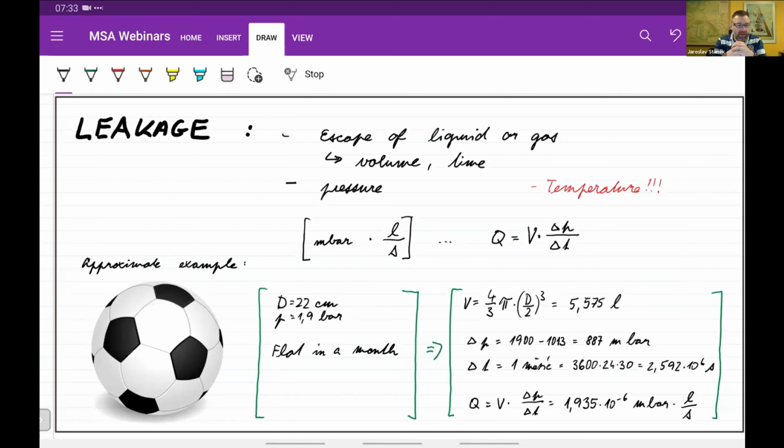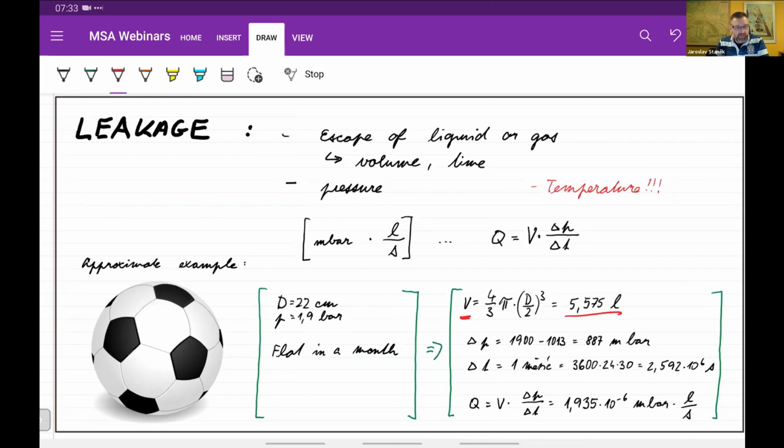This is not a relative pressure to the atmosphere. This is an absolute value. And let's say such a ball is flat in 1 month. So how to deal with that? We have the volume, which is about 5.6 liters.